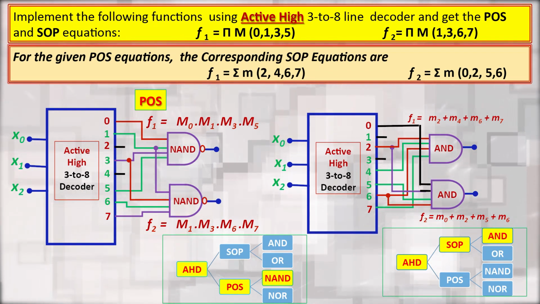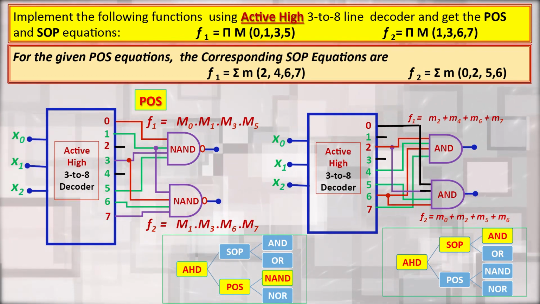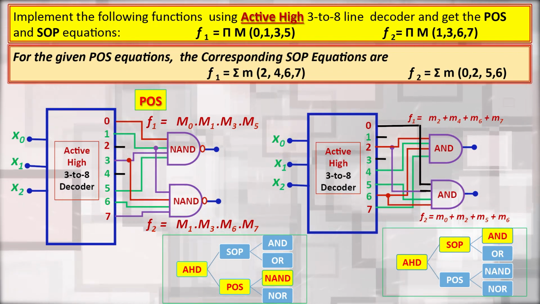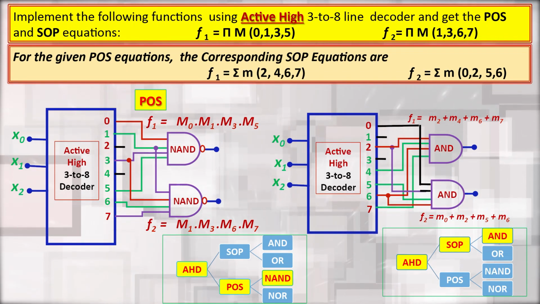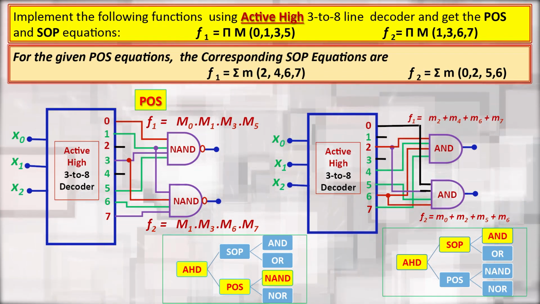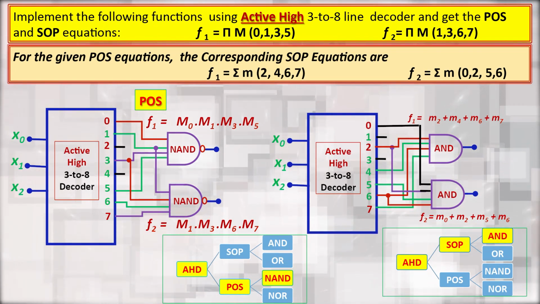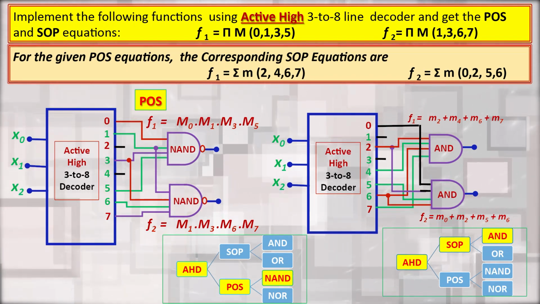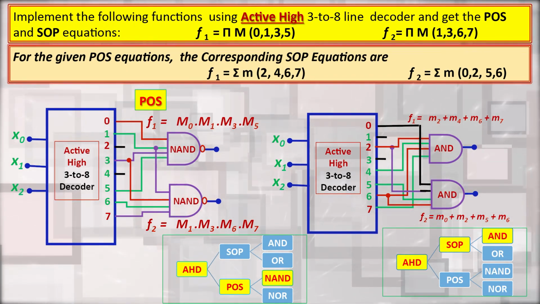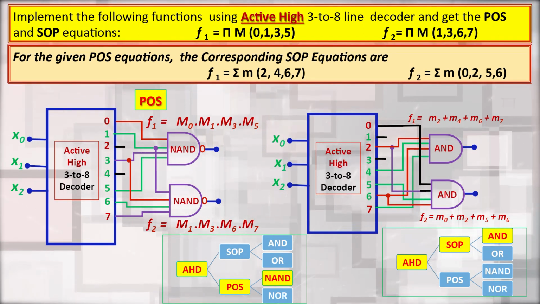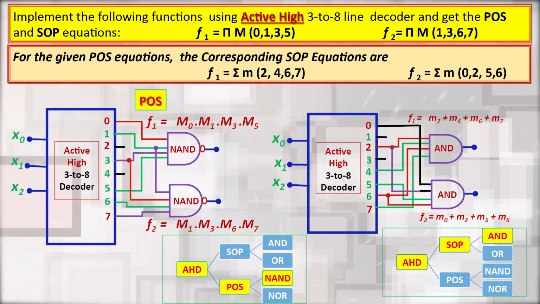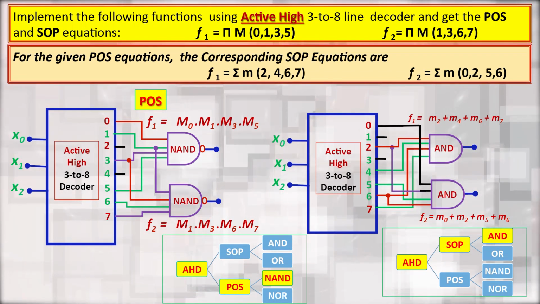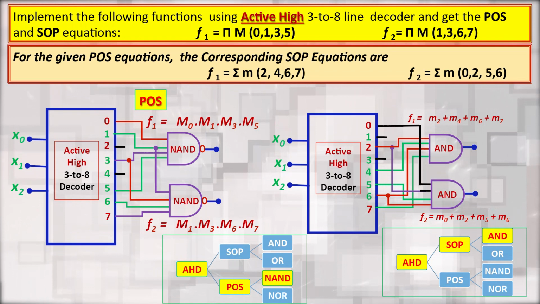For active high and SOP equation, we can realize using AND or OR gate. So, we will select the AND gate, and for the first function, outputs 2, 4, 6, 7 are all connected to the AND gate, and for the second function, outputs 0, 2, 5, 6 are connected to the second AND gate. So, we will realize this SOP function also.